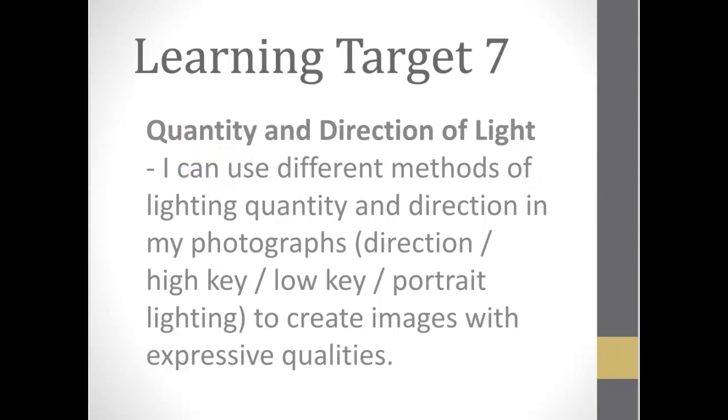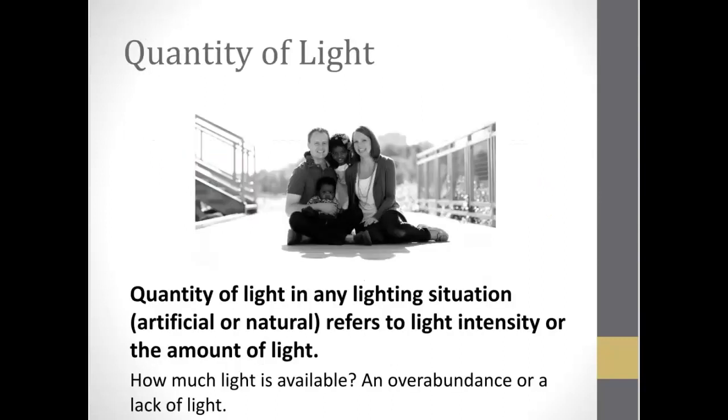So to start with, we'll talk about the quantity of light. Quantity of light in any situation, whether it be artificial or natural, refers to the light intensity, or the amount of light. In this picture example, you can see the quantity of light is very high. The reason that we know is that it's so bright in that background, and with the direction that the light was coming from to expose to make the people show up, it had to be blowing out the background with the amount of brightness.